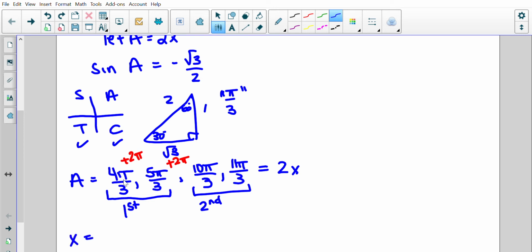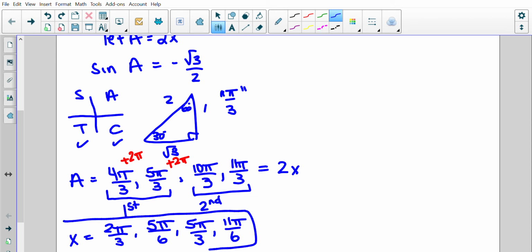So 4 pi over 3 times 1/2 is going to be 4 pi over 6, but I'm going to reduce that down to 2 pi over 3. Same thing here. This is going to give me 5 pi over 6, 10 pi over 6, which reduces down to 5 pi over 3, and 11 pi over 6. Okay, and there you go. All of these are your answers for this particular problem, and then you're done.